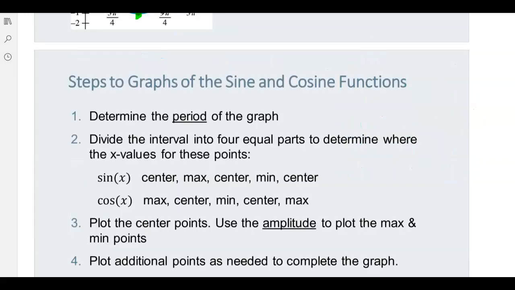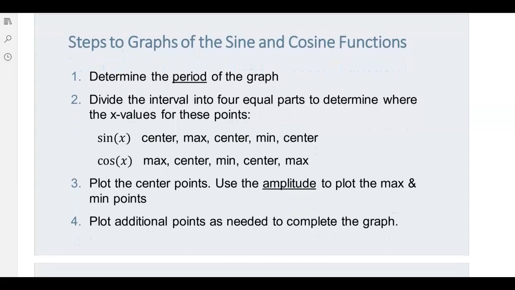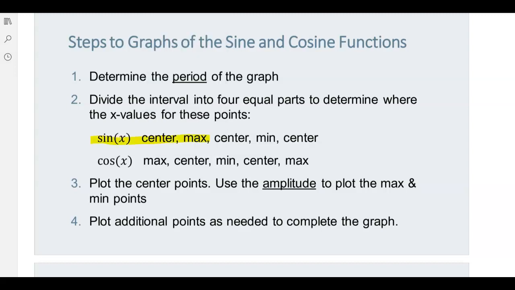Here are the steps that you'll use to graph sine or cosine. First, we figure out what the period is, and then we break the interval into 4 parts, finding the 5 key points. And I've listed out here the patterns that each of the sine and the cosine graphs follow, and you want to memorize those.